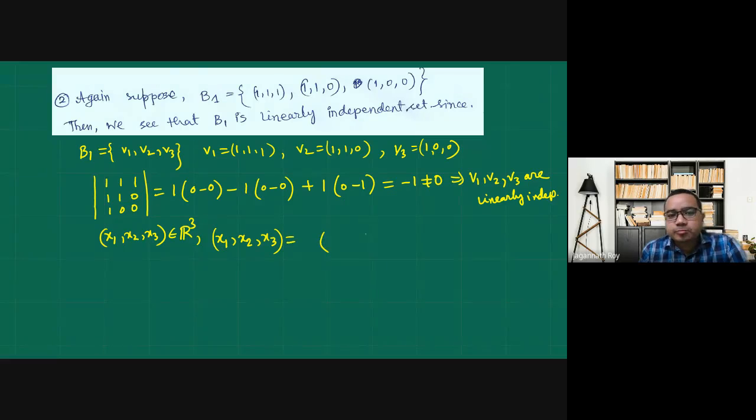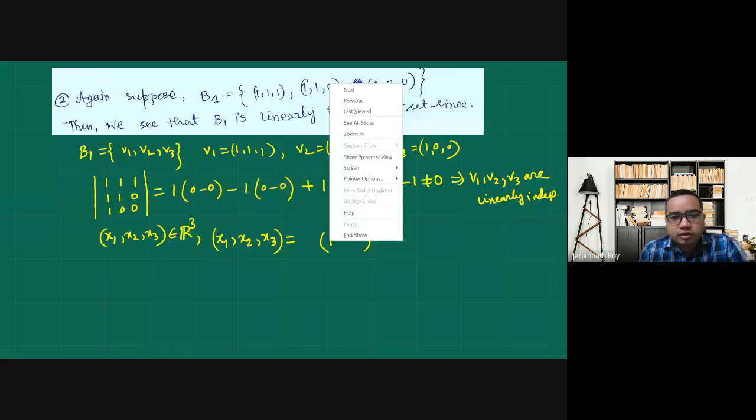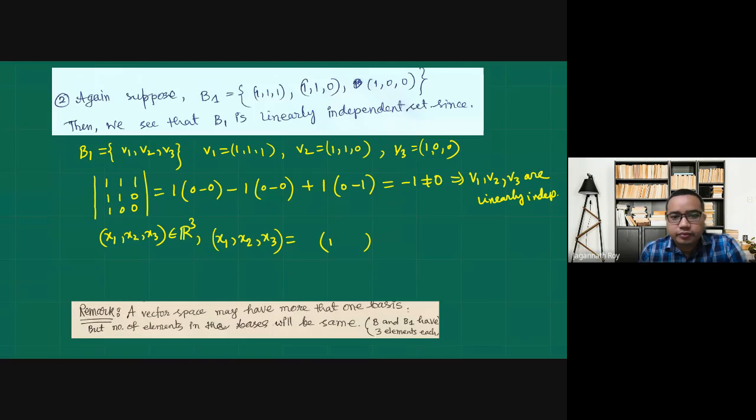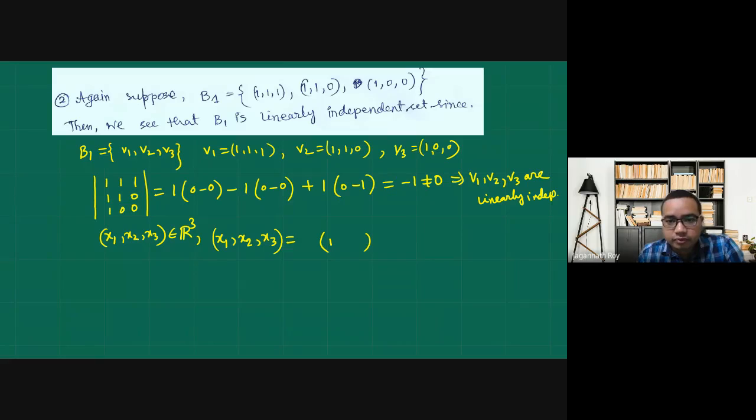as some constant times 1 1 1, plus some suitable constant times 1 1 0, plus some constant times 1 0 0.